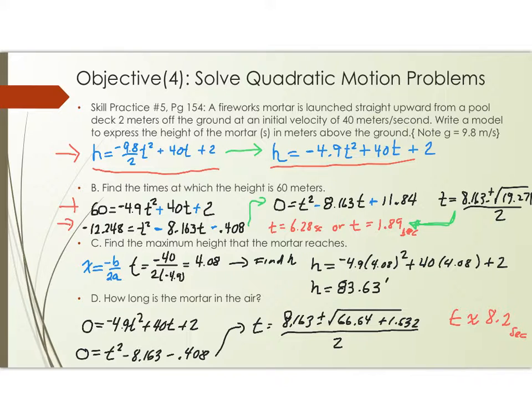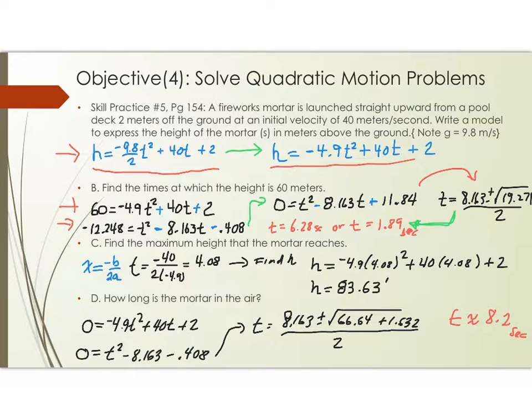So we add both sides of the equation by 12.248, and we get the following: 0 is equal to t squared minus 8.163t plus 11.84. And we put it into, of course, the quadratic equation, and we get t is equal to 8.163 plus or minus the square root of 19.27 divided by 2. And so we get t is equal to 6.28 seconds, or t is equal to 1.89 seconds.